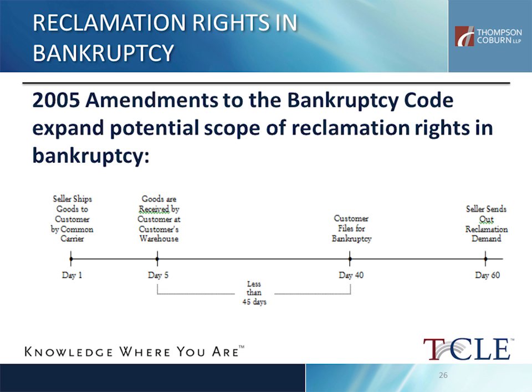But in bankruptcy, the Bankruptcy Code contemplates a reclamation right existing with respect to any goods delivered within 45 days before the bankruptcy. So any goods that you've supplied to the debtor entity within that 45-day window are potentially subject to a reclamation demand.